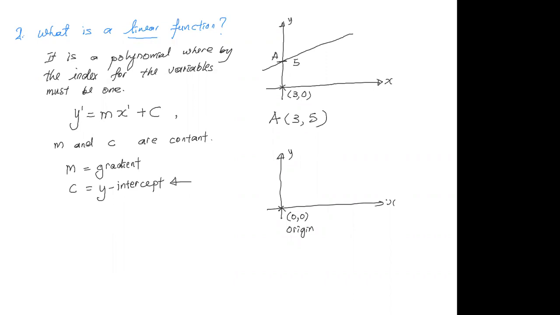So if I have a graph, a straight line going in this way. If I put 5 here, then this point B will read as (0, 5). Over here, 5 is the y-intercept.